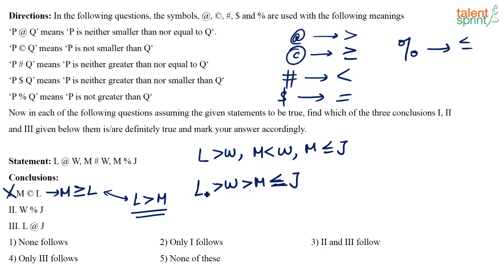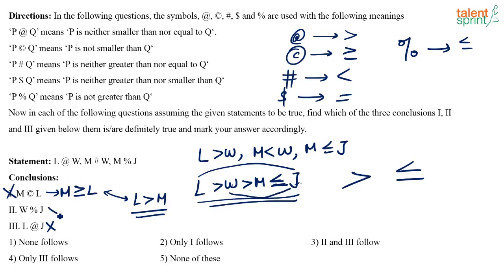Only thing I know is L is greater than M and M is less than or equal to J. With whatever is given here, I cannot find out the relationship between L and J. So this conclusion also does not follow. Similarly, I cannot find out the relationship between W and J because there is a greater than symbol in between and a less than or equal to symbol in between, right? So based on this given information, I cannot find out the relationship between W and J. So the answer here will be none follows.